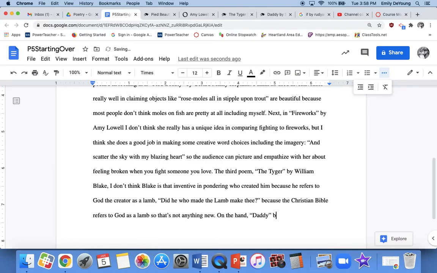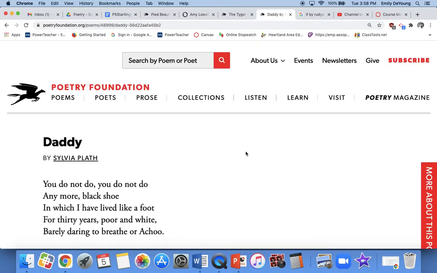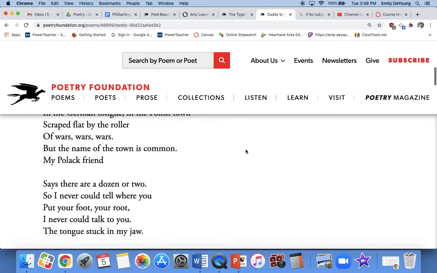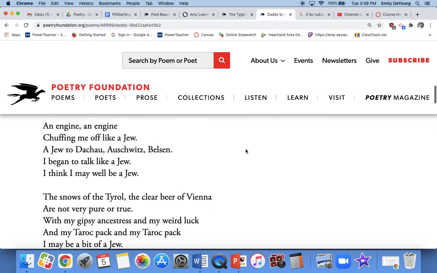Daddy by Sylvia Plath is very inventive in expressing her anger at her dad's past through creative word choices, including, and then I'm going to go back to it and find the section where she's got some German in here.